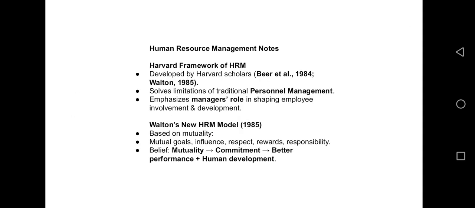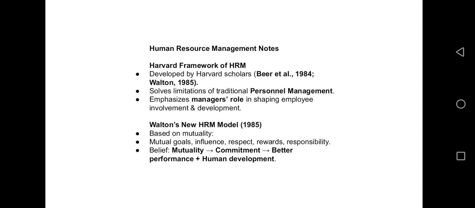Here is another note on HRM. The Harvard Framework and HRM, developed by Harvard scholars Beer et al. 1984, Walton 1985. Source: limitations of traditional personnel management. It emphasizes managers' role in shaping employee involvement and development.